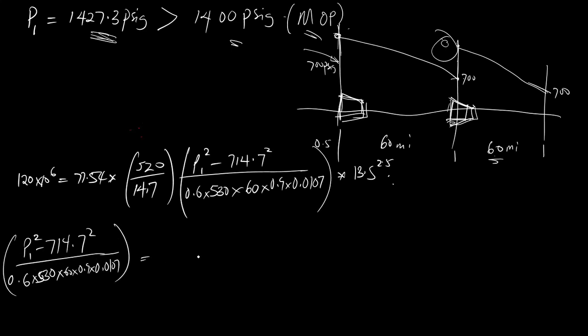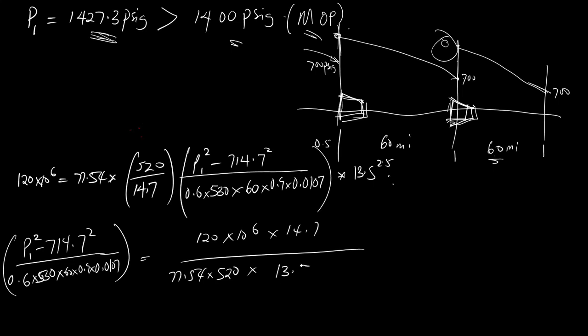Now this should be equal to 120 times 10 raised to the 6 times 14.7 divided by 77.54 divided by 520 divided by 13.5 raised to power 2.5 all squared.